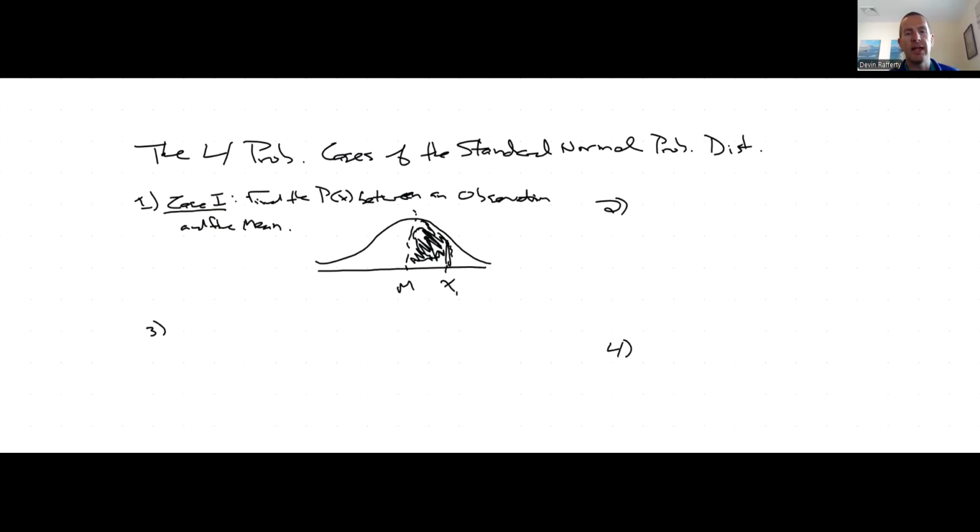Okay. Case 2, we have to find the probability between one of the tails and an observation.